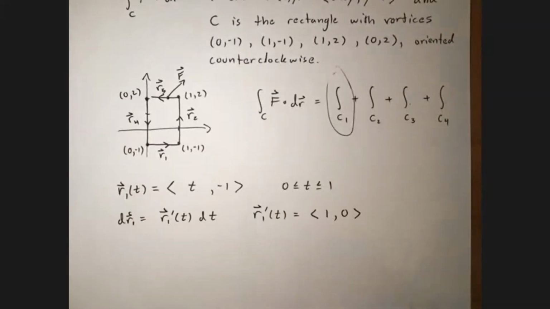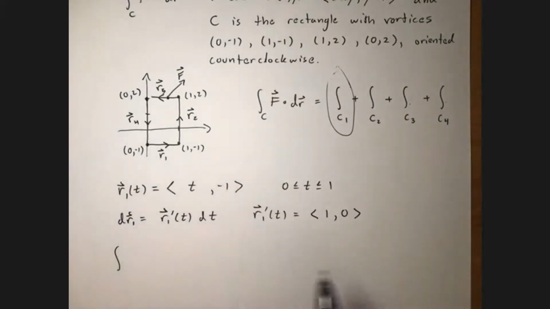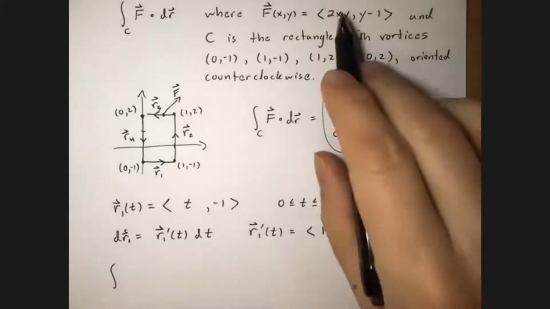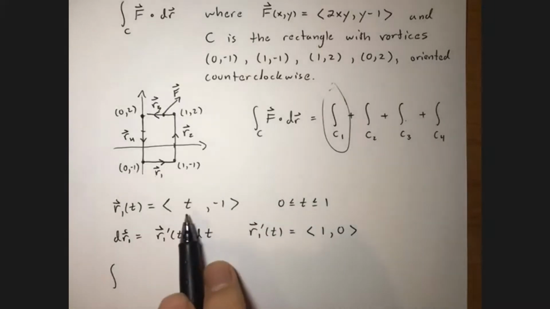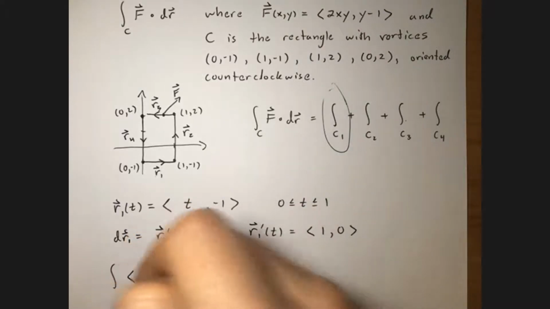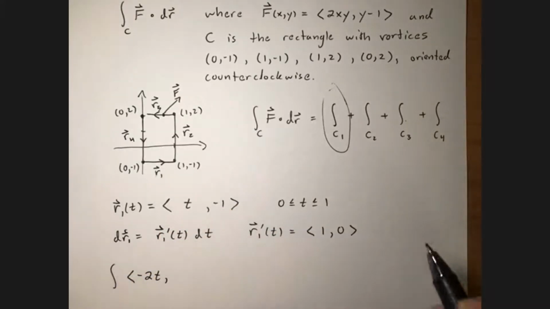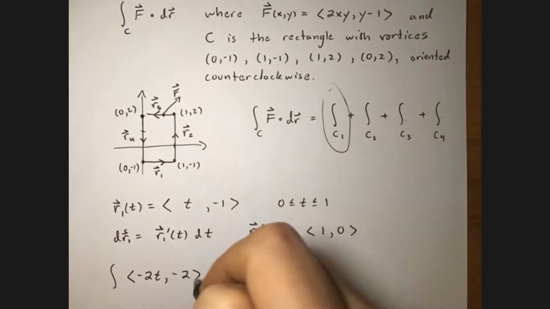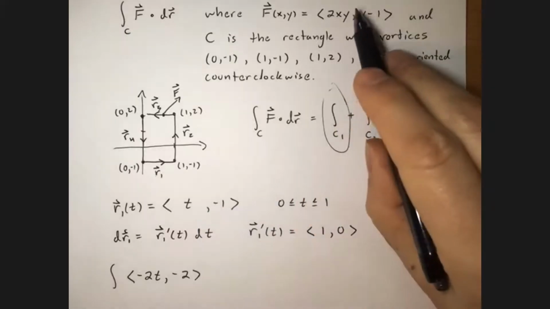So let's write that down. I'm going to take my vector field evaluated on this curve. So I'm plugging in t for x and -1 for y. So I'm going to get -2t, comma, -2. Just plugging this stuff in.